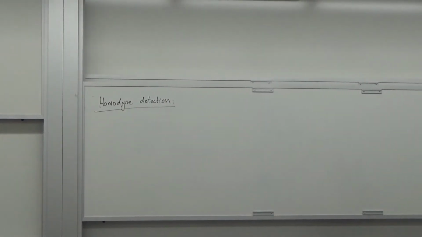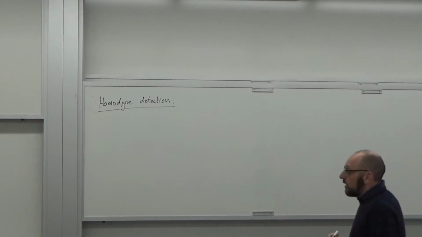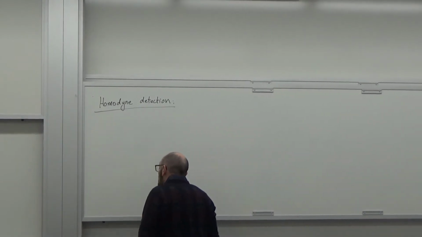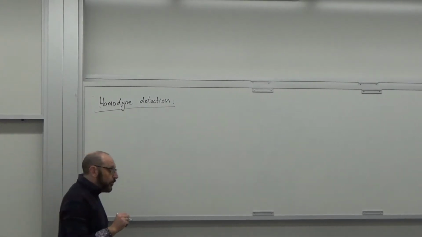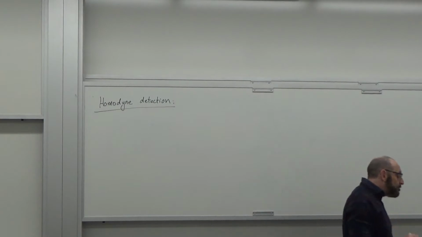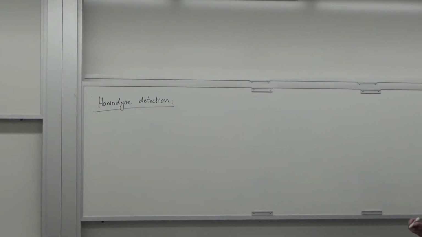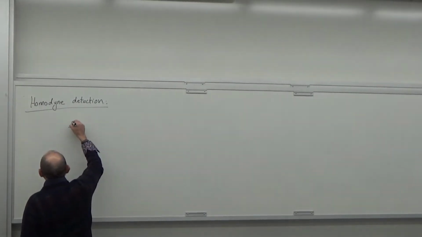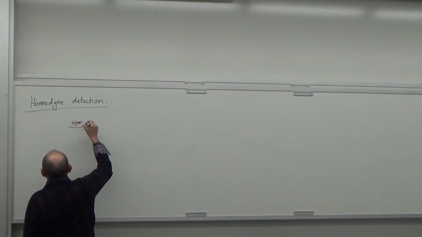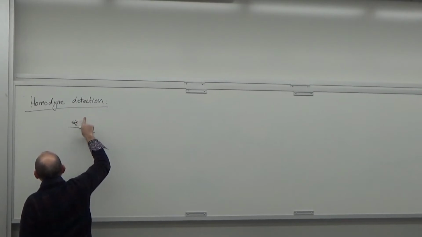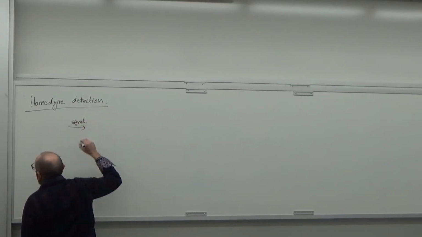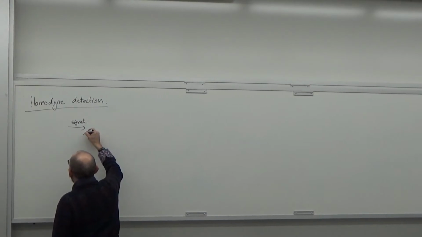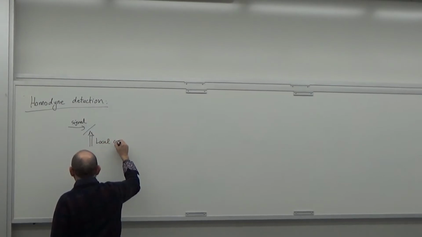So in a homodyne detector, the main point is that we don't directly measure the signal, but instead we interfere it, or we beat it, with a local oscillator. Okay? So the idea is to have some signal coming in that, before I measure this on, say, a square law detector, I would put on what we call a local oscillator.